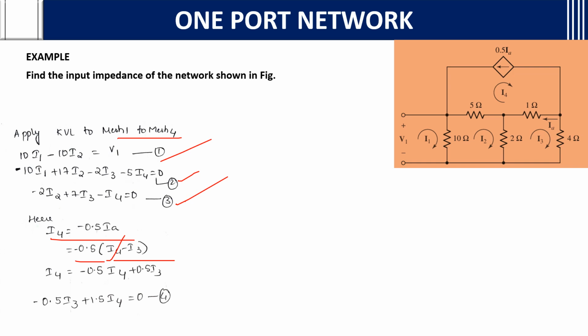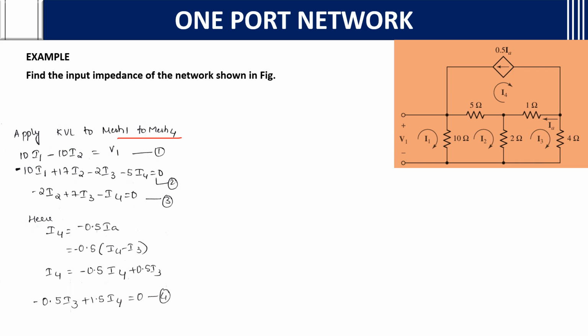See, here IA is moving in this direction in the 1 ohm, as the current I4 is moving in this way, the same direction. So you take plus I4, minus 0.5 into plus I4, and this, if you see, is moving in the opposite direction of IA, so it is minus I3. Okay, if you calculate this, you will get I4 as what?